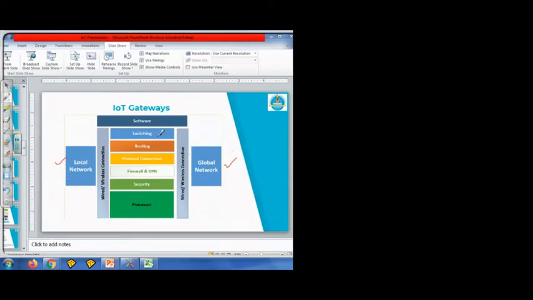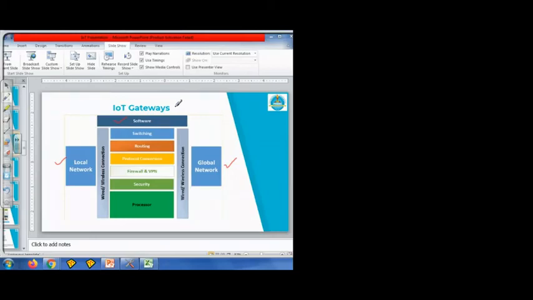Now what should be its properties? The first one is the software. It should have certain software inbuilt, because gateways are a kind of hardware platform, isn't it? A Wi-Fi router is a hardware device, but not only the hardware, it should have certain software installed in the device.